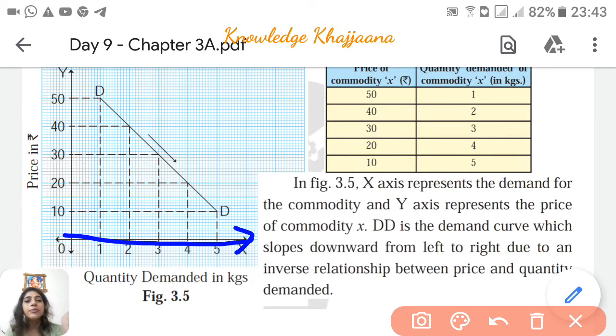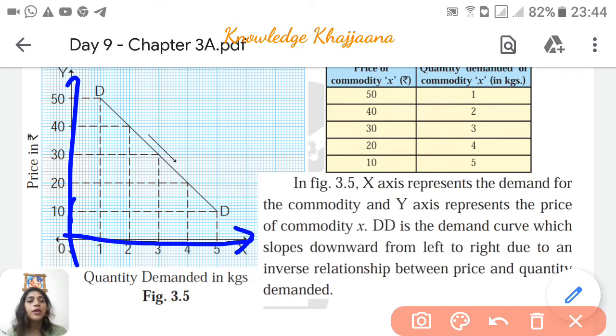And the y-axis represents the price of the commodity. See, the price is shown on an increasing scale, because the center is 0, 0. So starting with price 10 rupees, 20 rupees, 30 rupees, 40 rupees and 50 rupees, and quantity demanded is shown on the x-axis with 1, 2, 3, 4 and 5.